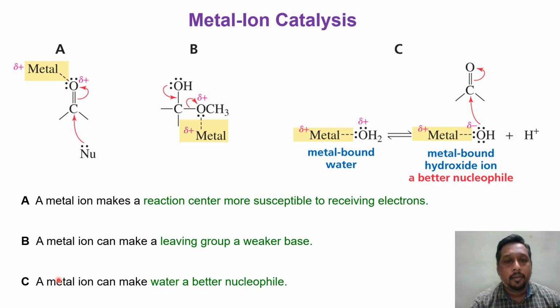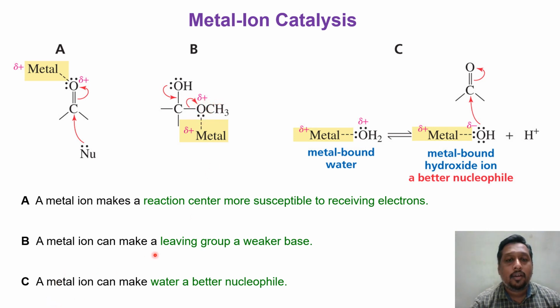In type B, a metal ion can make a leaving group into a weaker base by coordinating with the leaving group. Type A and type B can also be achieved through general acid or specific acid catalysis, by increasing the electrophilicity of the carbon by coordinating to the carbonyl oxygen, or by decreasing the basicity of the leaving group by coordinating with the leaving group.